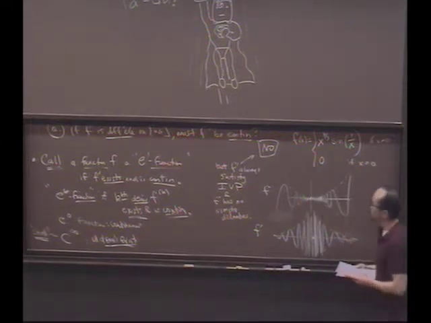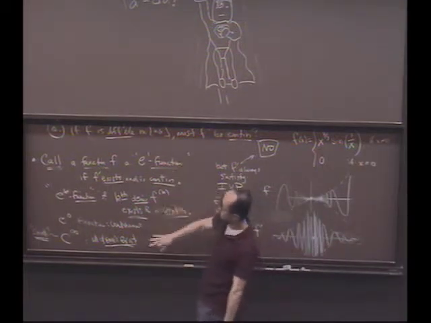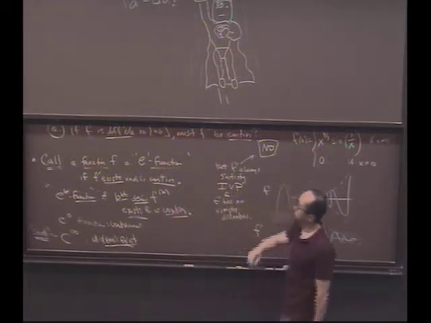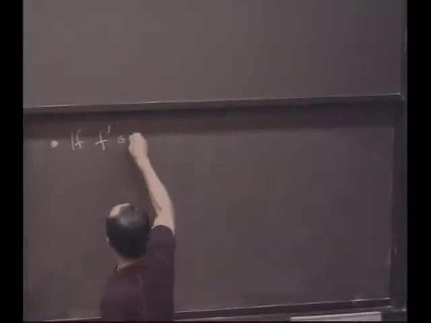So very good. What else can I say? I said this mainly for culture because you'll hear this term, and many of you already have heard this term in other courses. What else can we say? Well, here's something that follows from the fact that f prime is a limit.